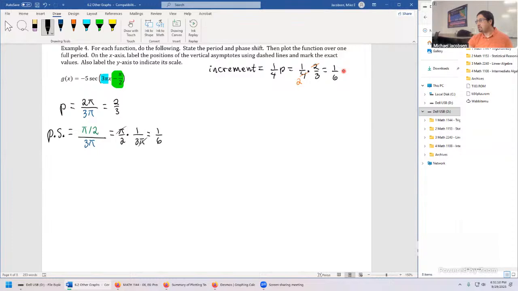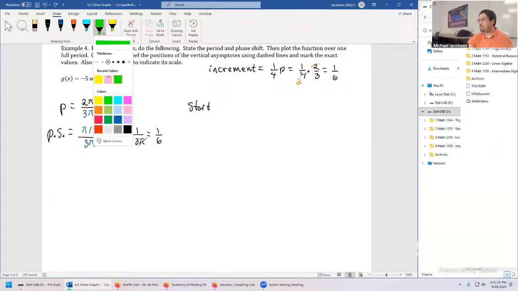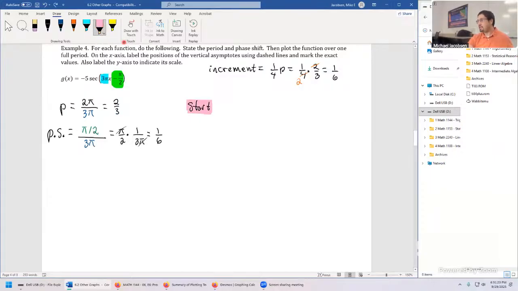That means the cycle start, or the period start, I'll simply call it start. This deserves color coding for sure, because this is probably one of the trickiest parts about plotting the trig functions. The start is negative 1/4 of the period. Notice we've already calculated 1/4 of the period, so we're just putting a negative sign in front of that, plus the phase shift.